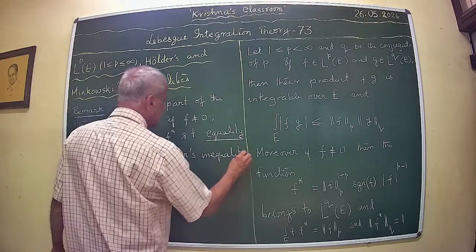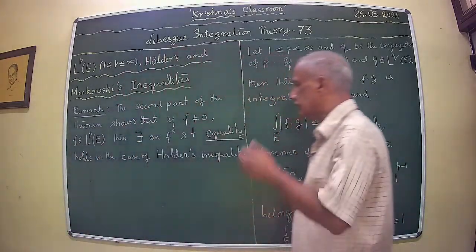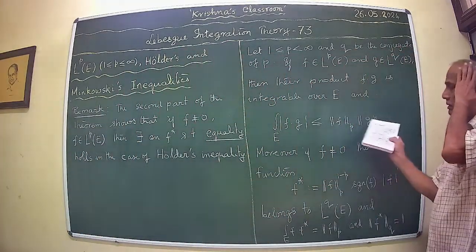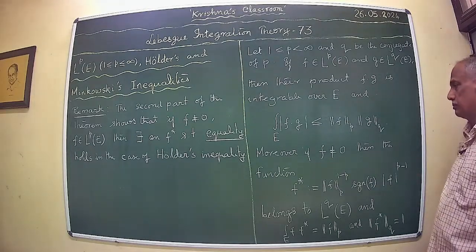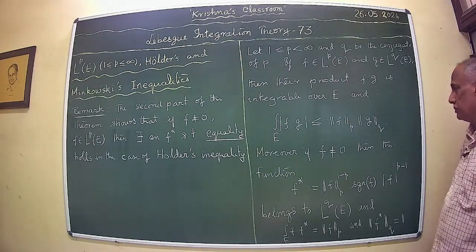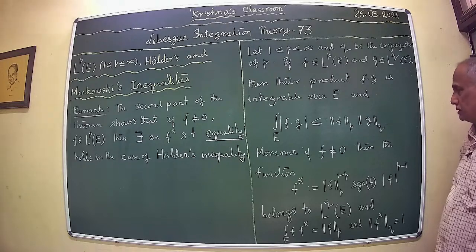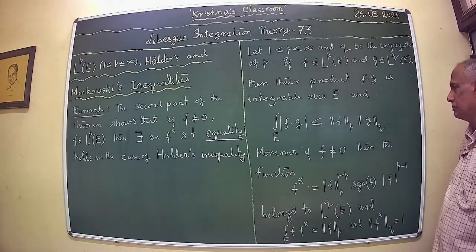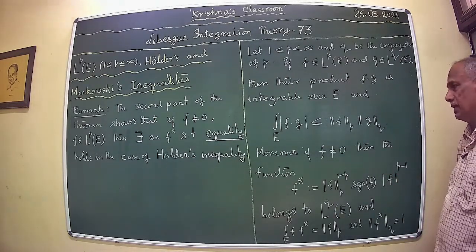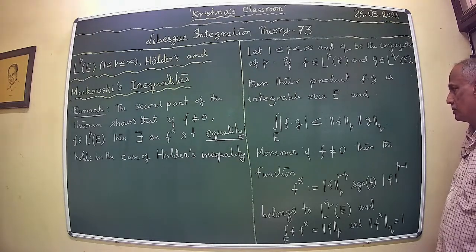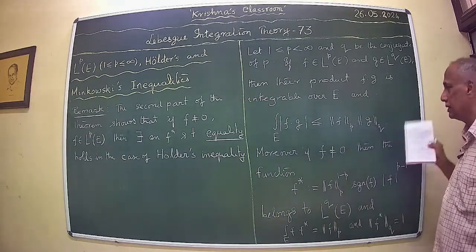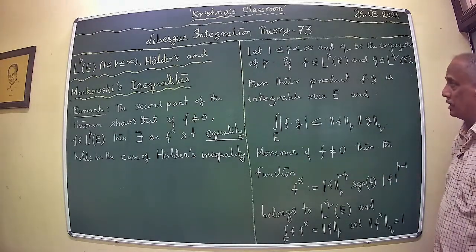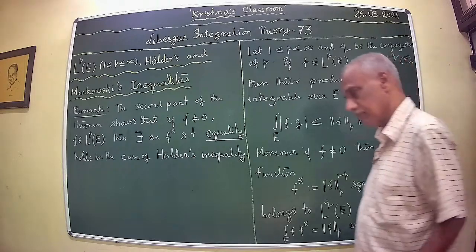Which in turn implies that this inequality cannot be improved upon. So there exist f and g such that equality holds in Holder's inequality.